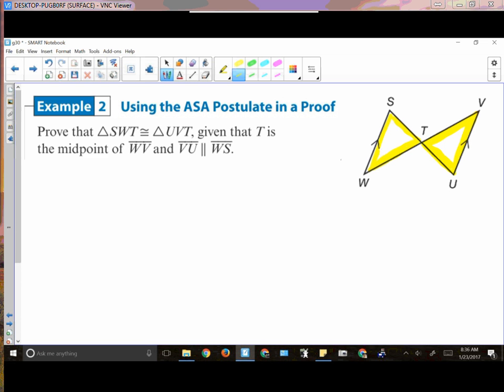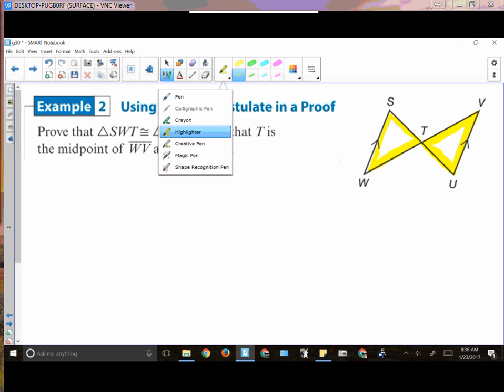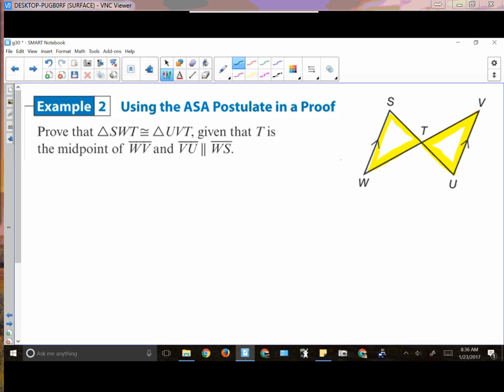Now, given that T is the midpoint of WV, so what does that tell me? T is the midpoint of WV. So does that tell me that this here is congruent to this? And we are told that VU is parallel to WS.